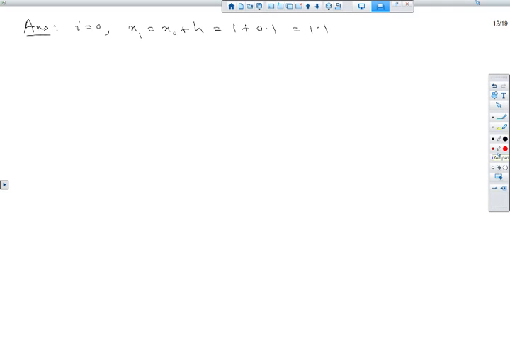So the answer: we're going to start with i equals 0. That's the first step. Then you're going to get x1, which is x0 plus h. That means it is 1 plus 0.1, so 1.1, because x0 equals 1, the starting value. If you draw them, it will be very clear.